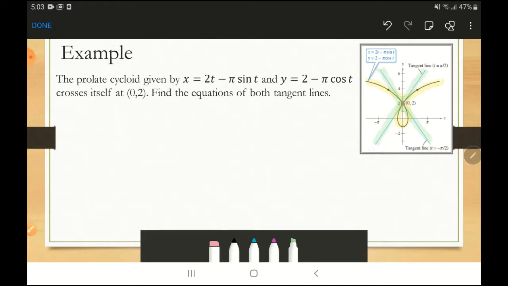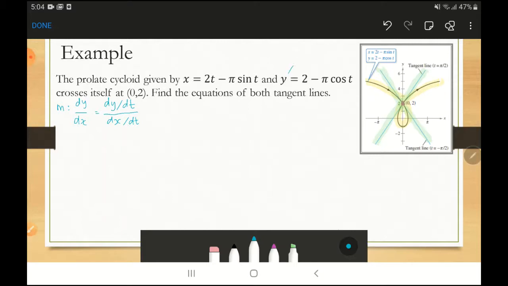So what we are going to do is finding, as you know, that the slope will be dy over dx, while we know dy over dx is dy over dt divided by dx over dt. Okay, so we have to determine first the dy over dt.